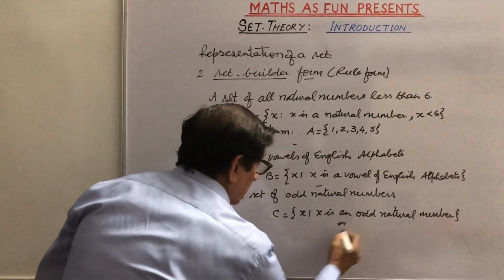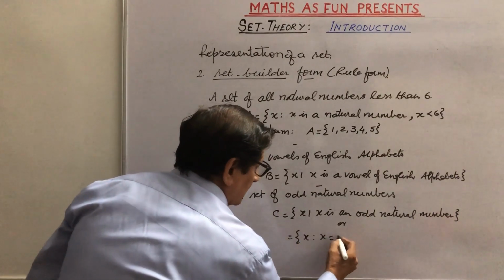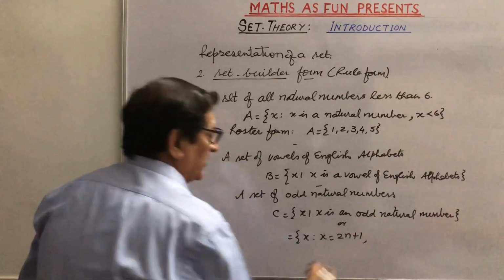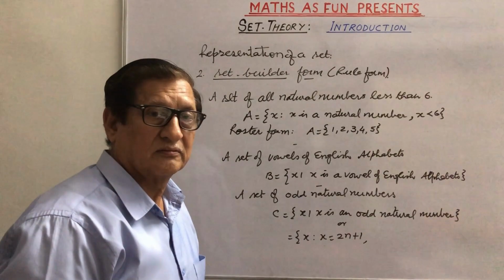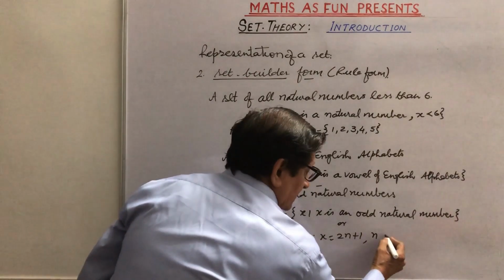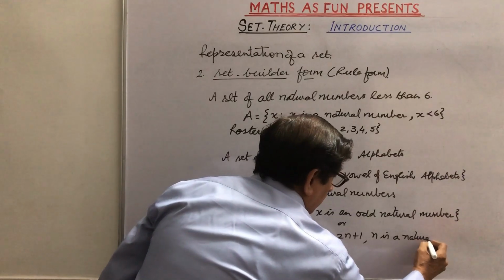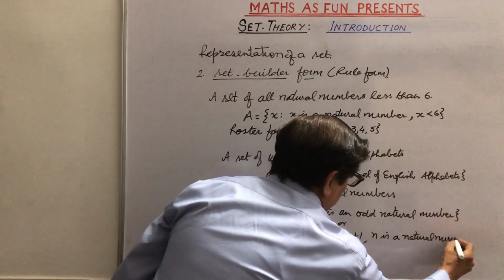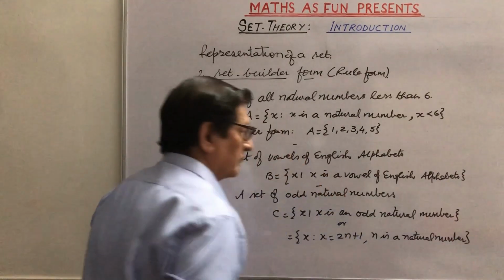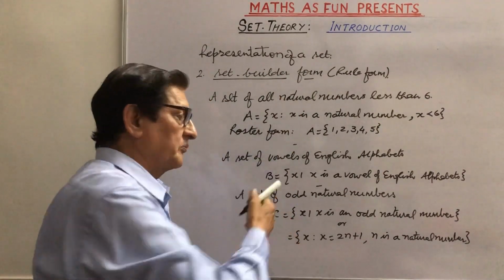Or we can also represent this as X such that X is equal to 2n plus 1, where n is a natural number. This is the way we can represent the set in the set builder form.